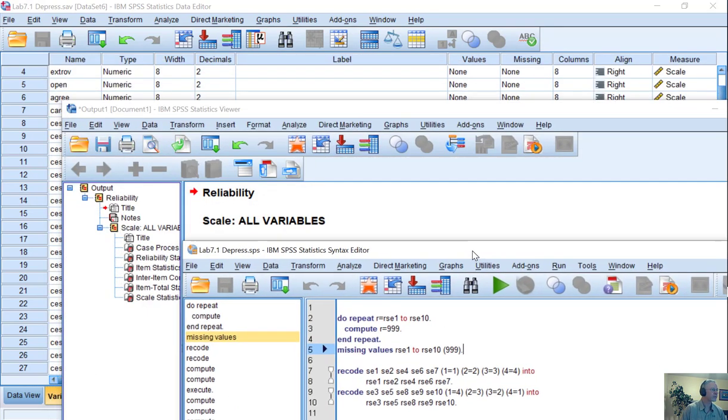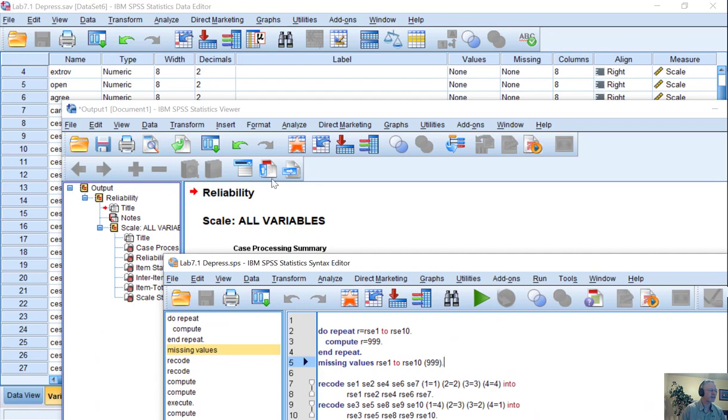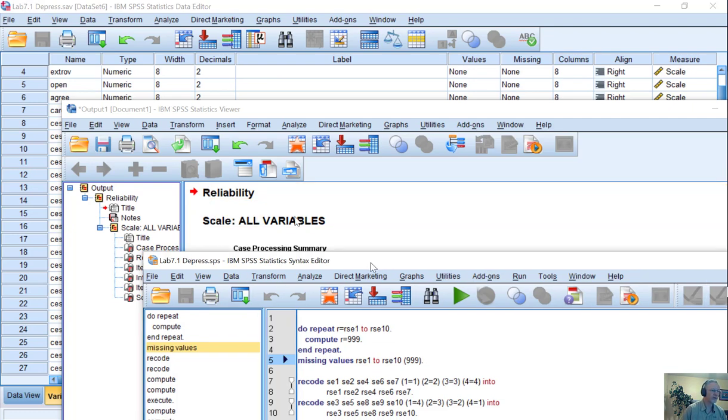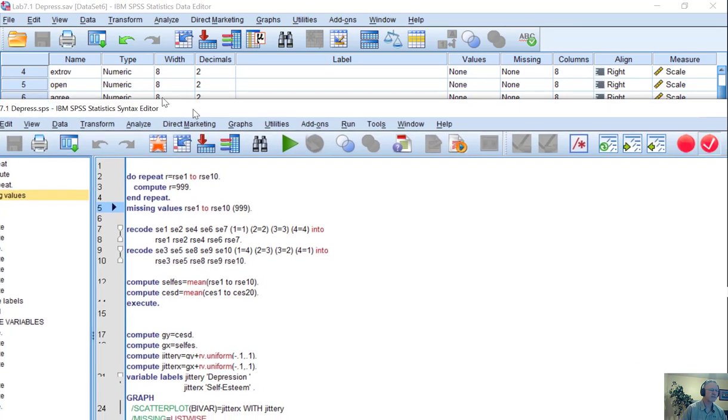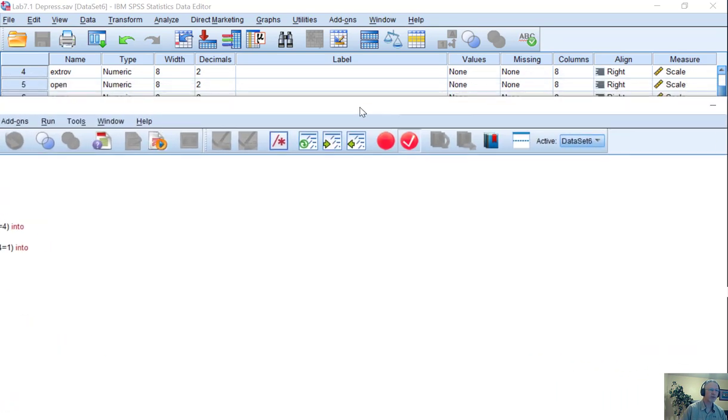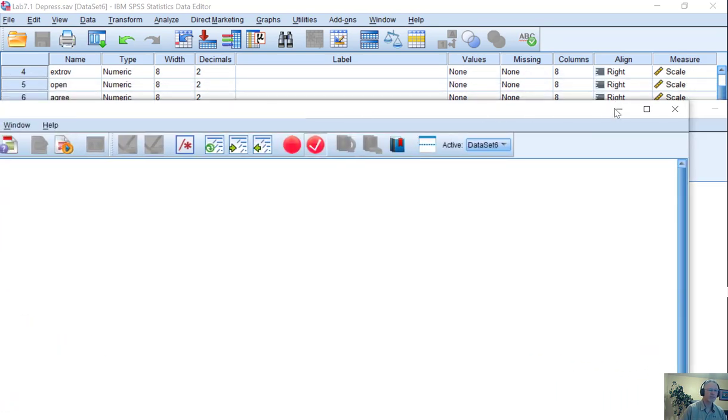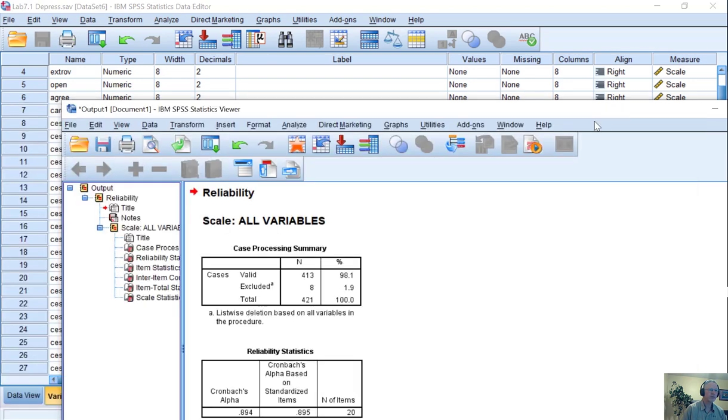I usually just rerun my analysis and then copy and paste the pieces that I want from that output into a Word document or a PowerPoint document, wherever I want to make that output look pretty, or save it for transfer to a table, whatnot.